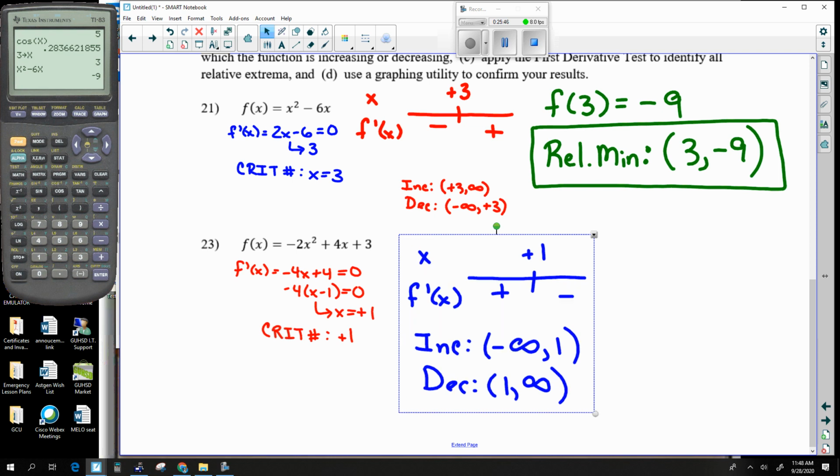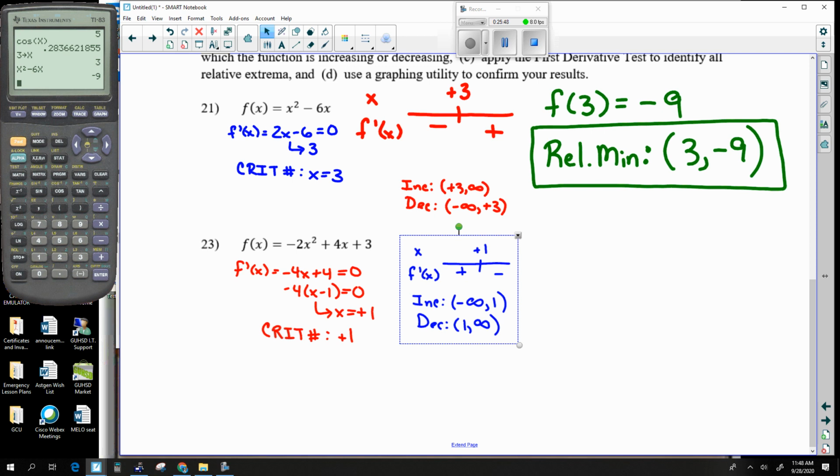So it's increasing leading up to it and decreasing. What that is saying is if it's increasing and then going to a decrease, that is obviously a maximum. So we're going to have a maximum here.